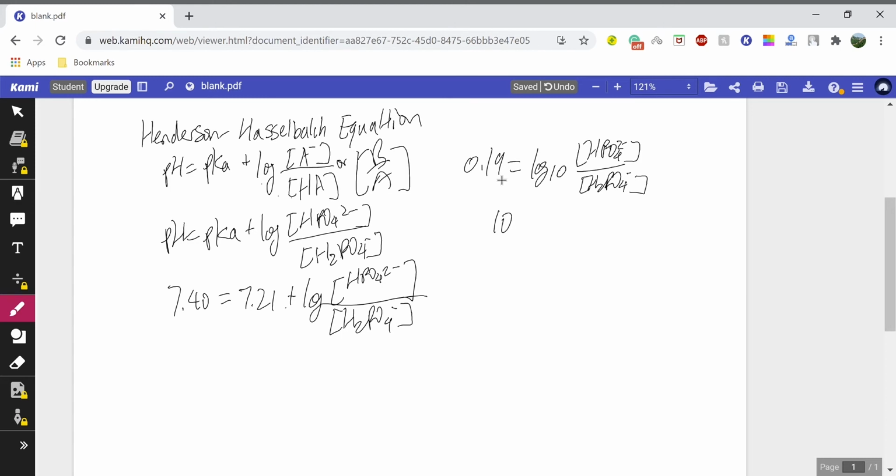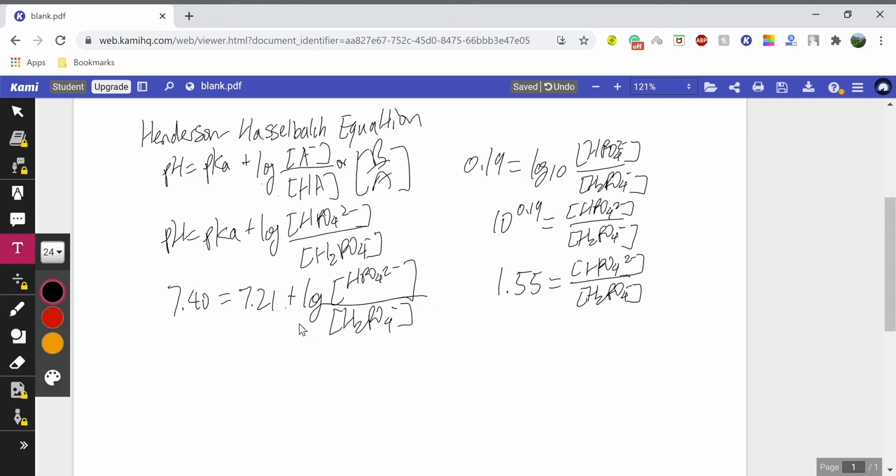So 10 to the 0.19 power is equal to the concentration of HPO4 2 minus divided by the concentration of H2PO4 minus. 10 to the 0.19 power is going to be 1.55. So what does that tell us? That tells us the ratio of our conjugate base divided by our acid is 1.55.